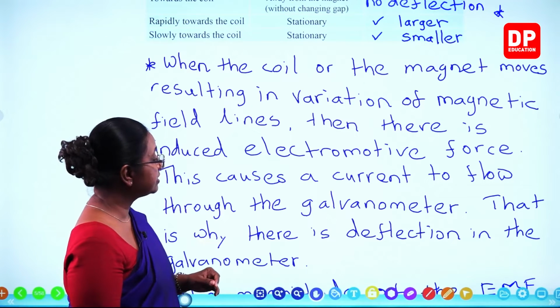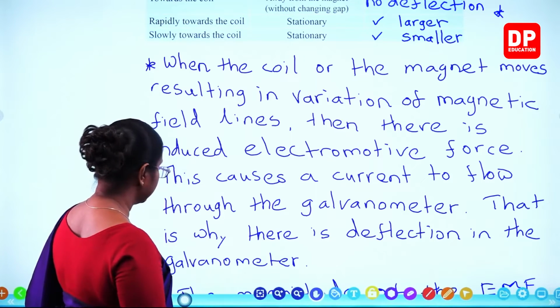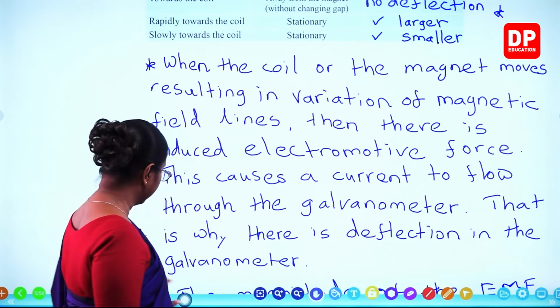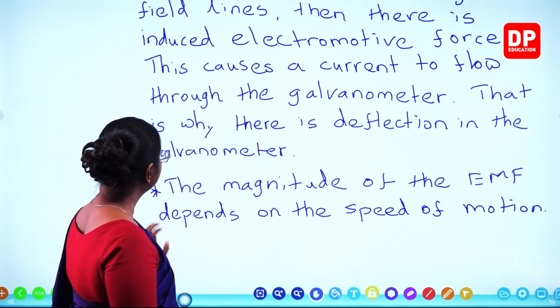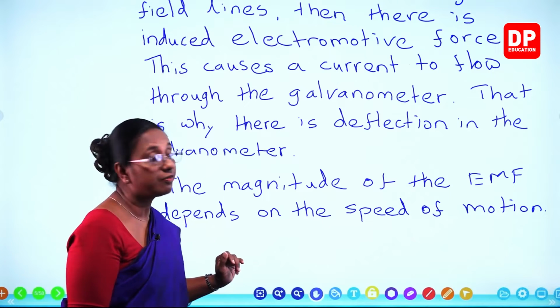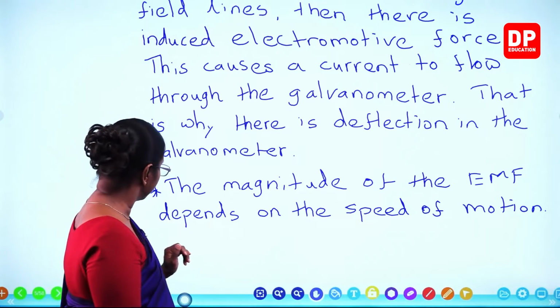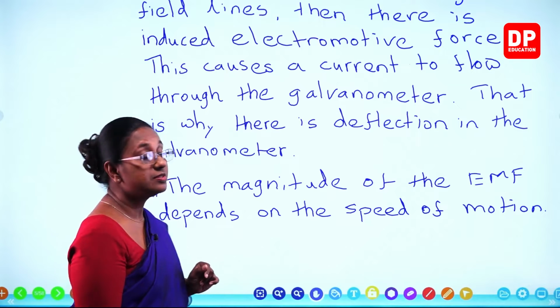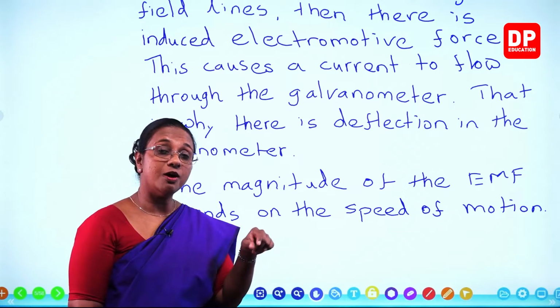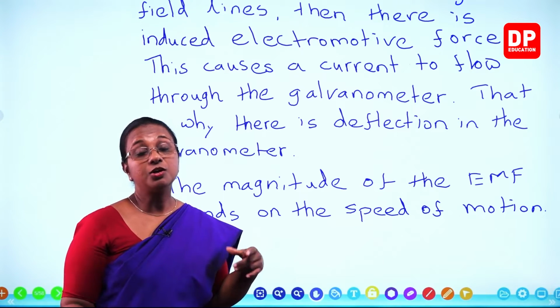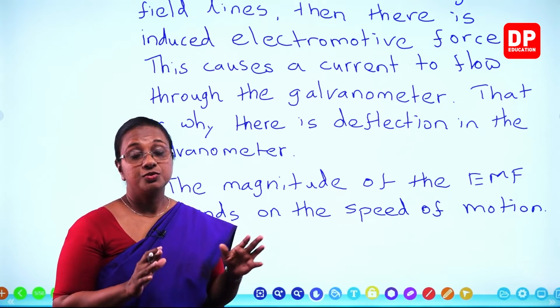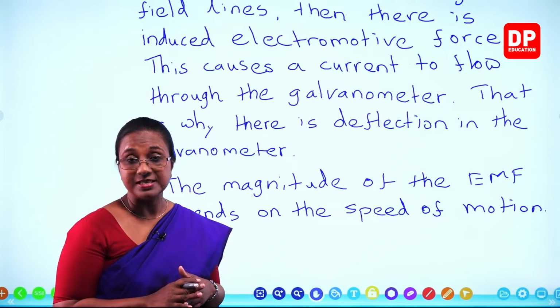That is why there is deflection in the galvanometer. In addition to that, you were able to understand that the magnitude of the EMF, that is the electromotive force, depends on the speed of the motion. That is speed of moving the magnet or the coil. So that is what we understand from this activity.